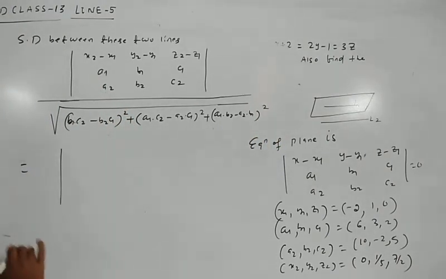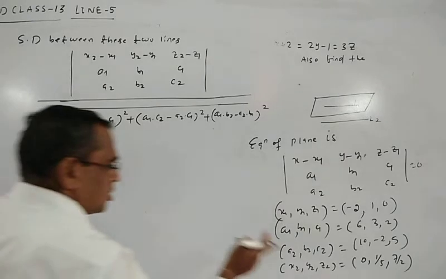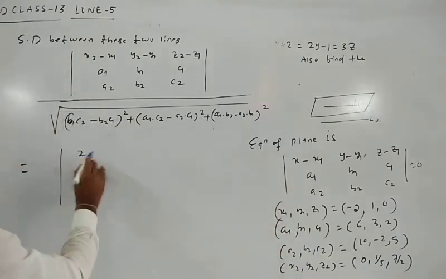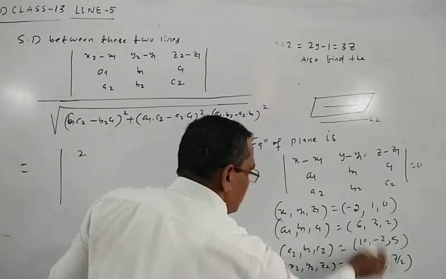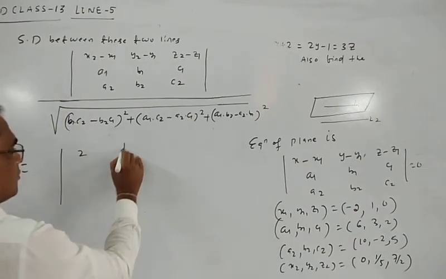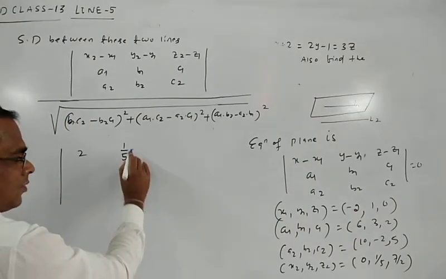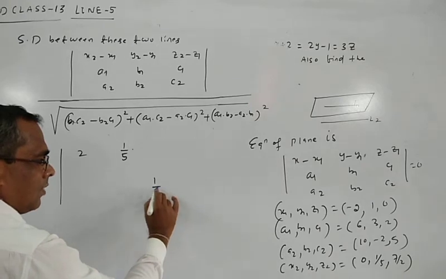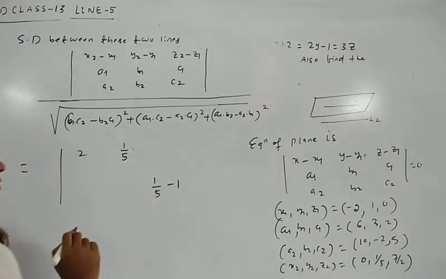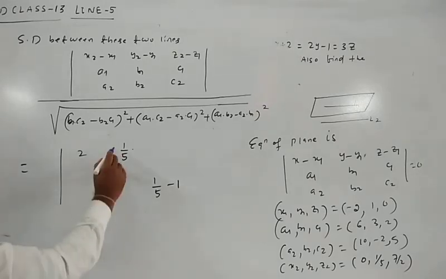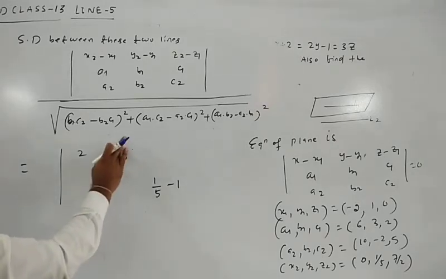So x2 minus x1 means 0 minus 1, minus 2, 2, 1 by 5 minus 1. 1 by 5 minus 1, how much will it be? So this is minus 4 by 5.